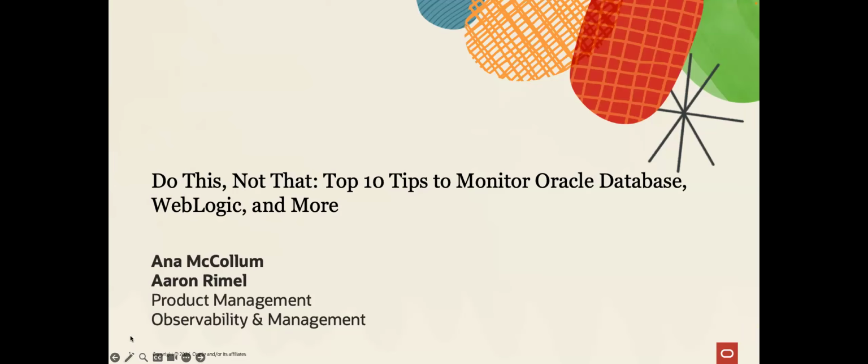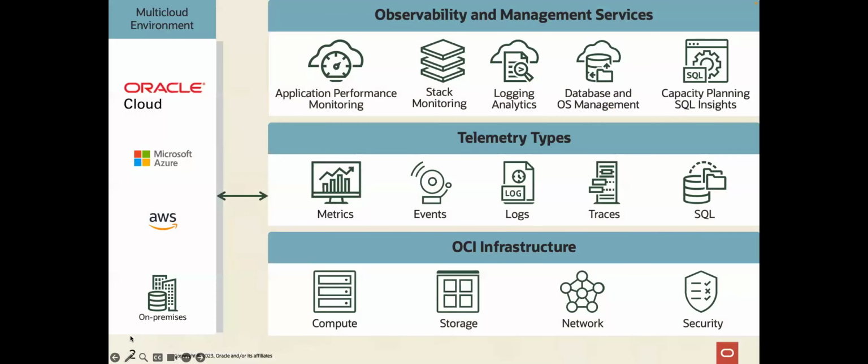Welcome to Do This, Not That: the top 10 tips to monitor Oracle Database, WebLogic, and more. I want to begin first by giving you a brief overview so you have the necessary context to understand where our presentation falls into all of what Oracle offers.